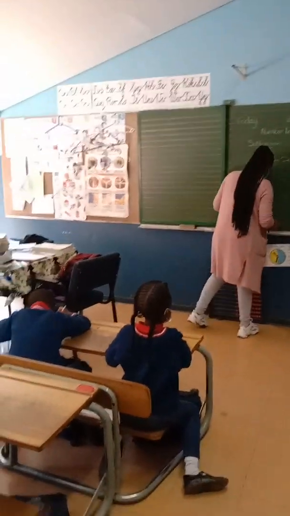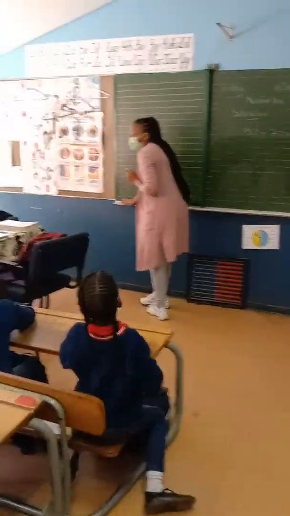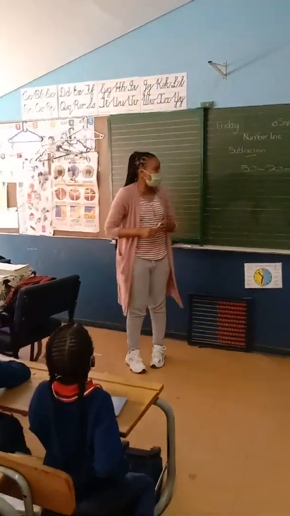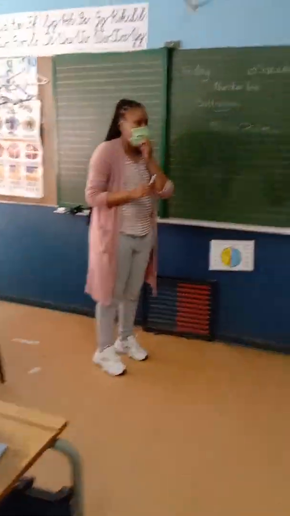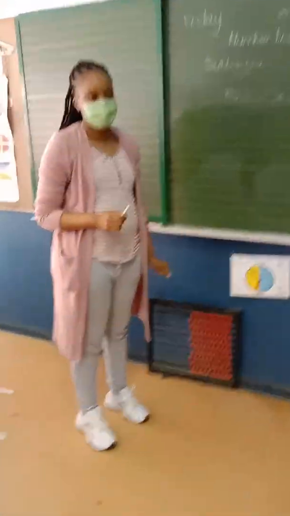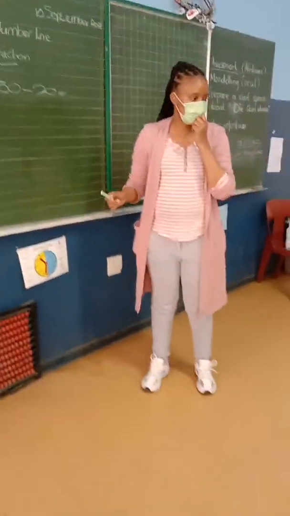You guys know the rules, right? So if I point at anyone, can you come and do the first step on the board? Can you come do the first step on the board for me?